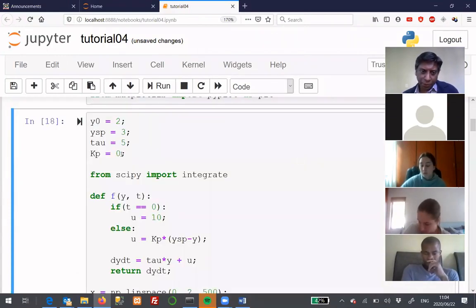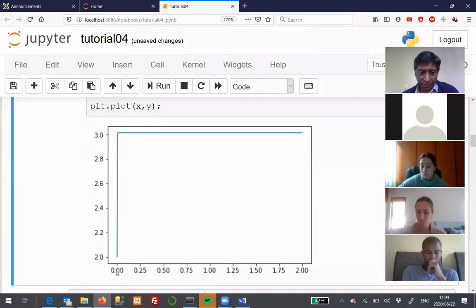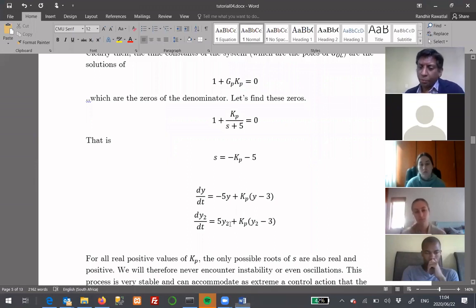Now, if we apply control, so let's say we use a value of Kp of 1,000, you can see here it goes up to 3 and it stays on 3, right? And that's because we are now removing material from the reactor. So the tendency for y2 is to go far above a 3, but the moment it goes above 3, then this term kicks in.